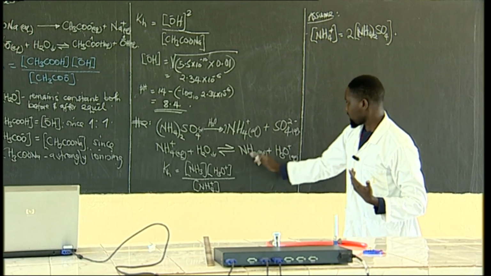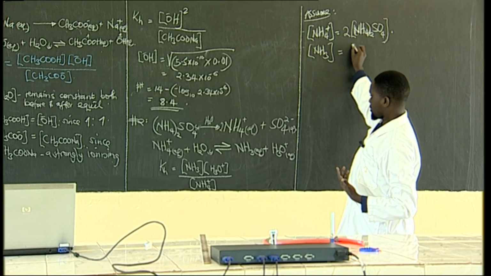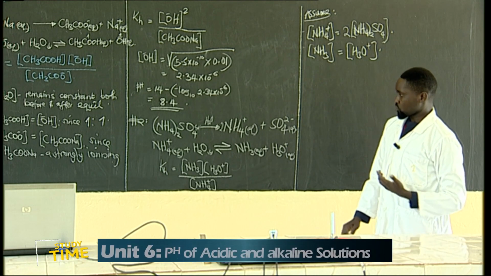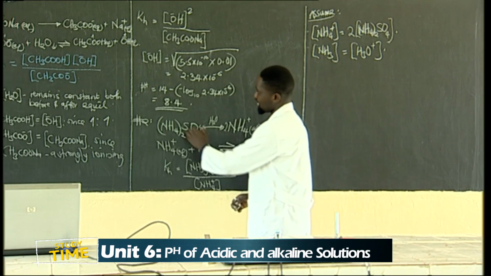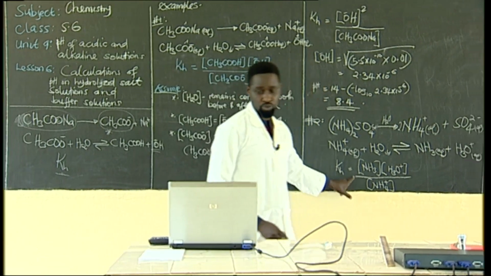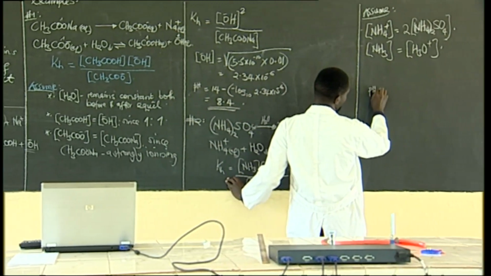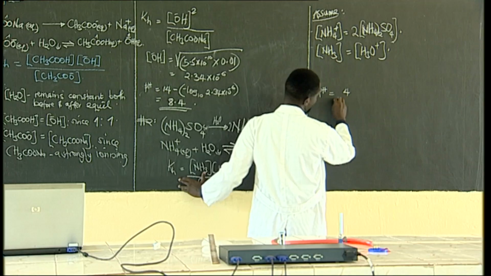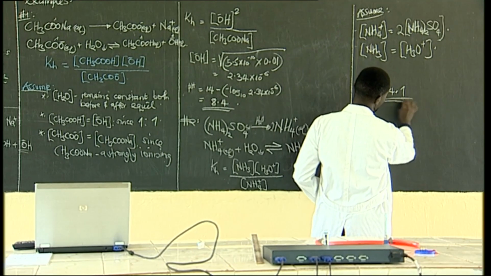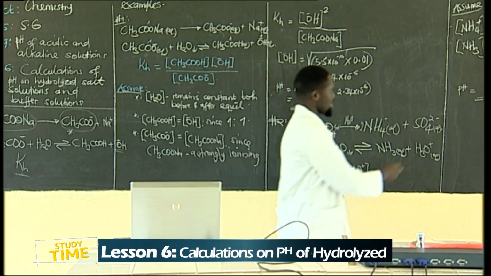And from here, the concentration of ammonia is equal to the concentration of hydronium. So you substitute like as we did. I will leave that for you to continue. Please continue on that. You should get the pH as 4.1. Continue on that and finish it up. That should be the answer here.